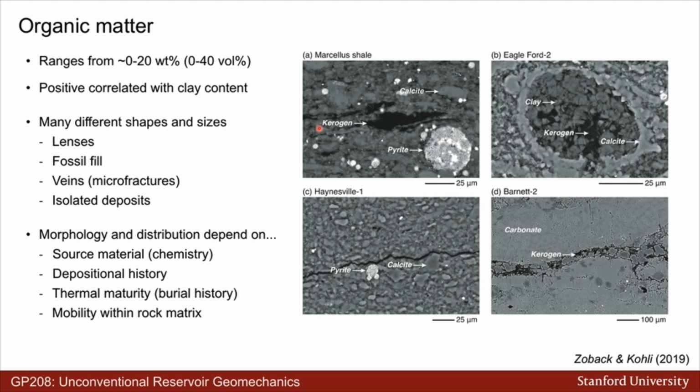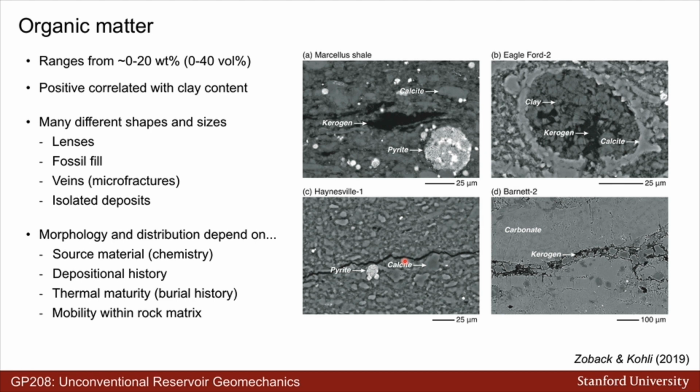In the top right, for example, we have large lenses that are elongated in the bedding direction. Over here, we have a coccolith fossil with a calcite shell and both clays and kerogen inside. And on the bottom, we have 2 different examples of microfractures in the rock, oriented parallel to bedding but filled with organic matter.